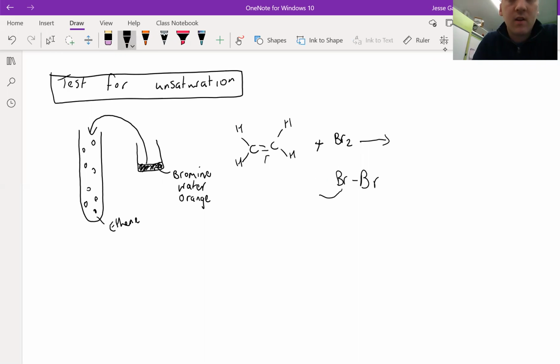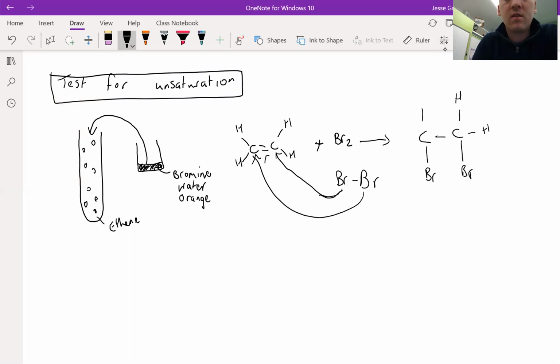So what we end up with is a carbon where the double bond is now broken, so it's got single bonds, the two Brs are stuck on like this, and we have the rest of the molecule there.